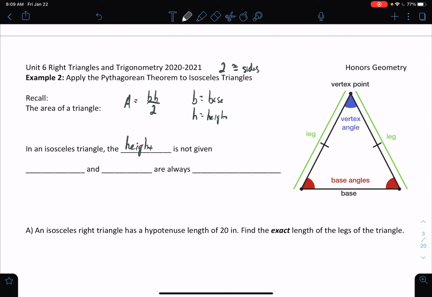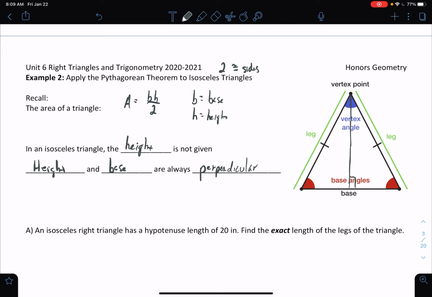Instead, we need to remember that the height and the base are always perpendicular. And in an isosceles triangle, if you're not given the height, what you can do is draw a height in here that's perpendicular to the base, and then what does it do to the base?